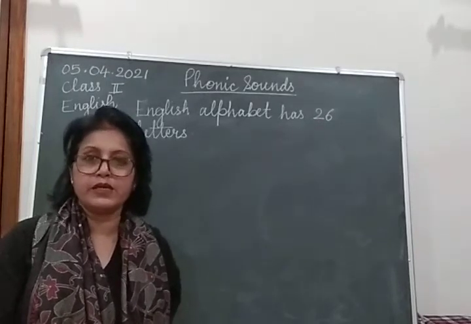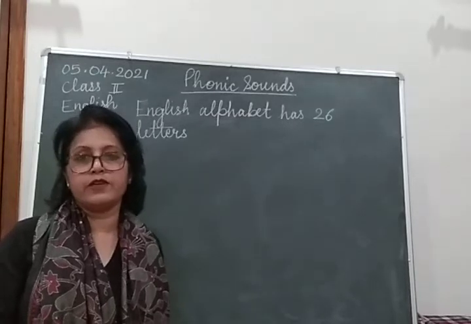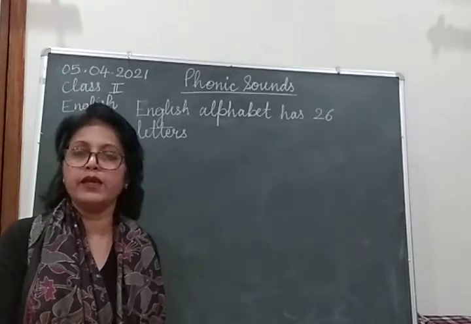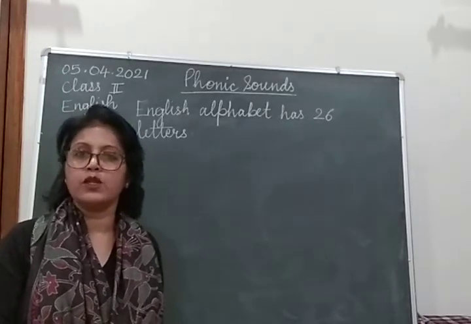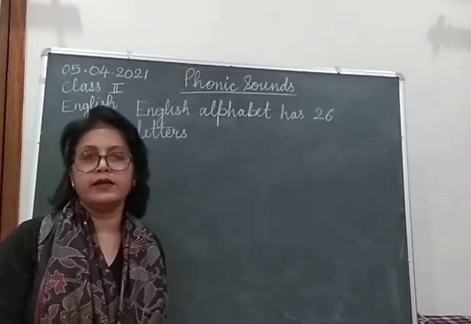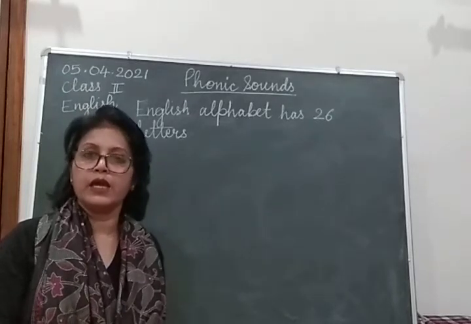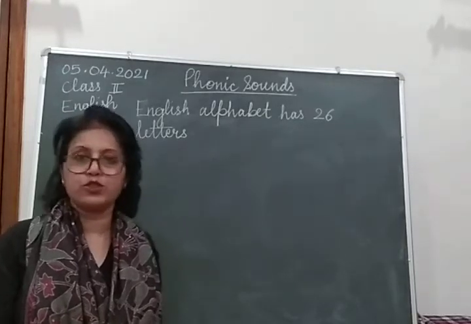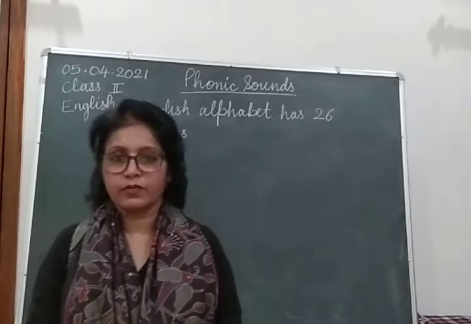A, B, C, D, E, F, G, H, I, J, K, L, M, N, O, P, Q, R, S, T, U, V, W, X, Y and Z. That you all know because you have studied this in your upper KG class, in lower KG class.